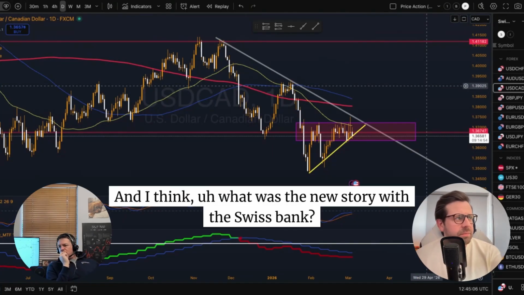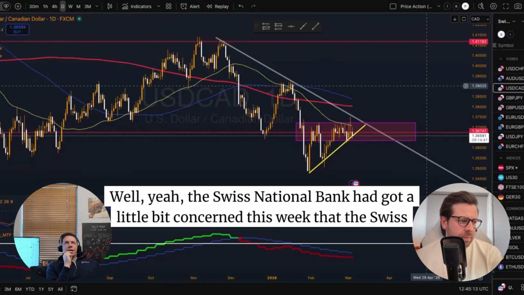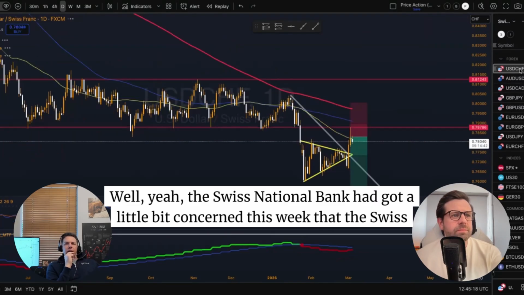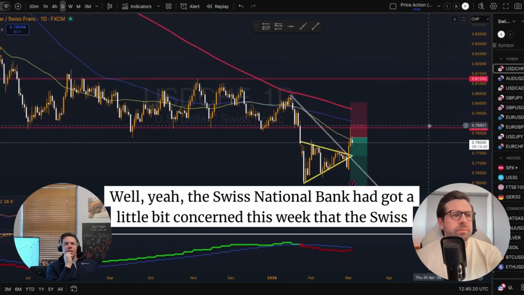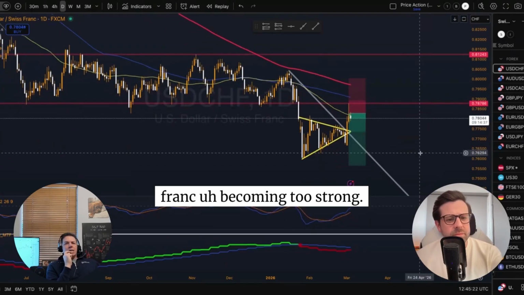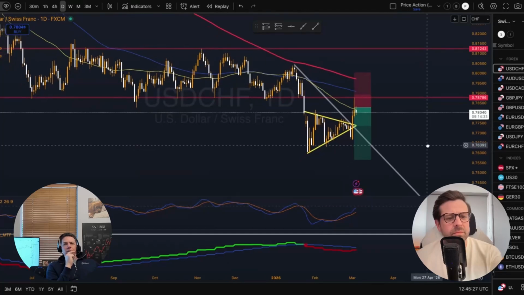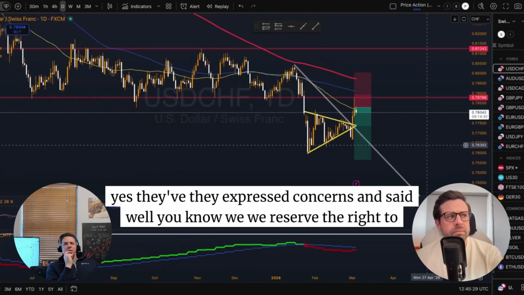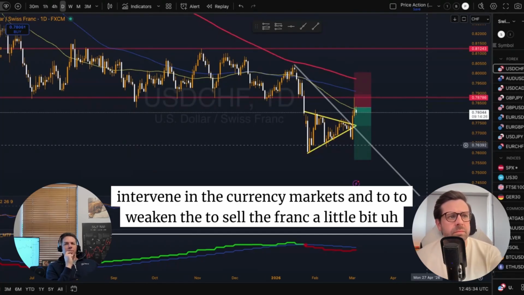And I think what was the news story with the Swiss bank? Well, the Swiss National Bank had got a little bit concerned this week that the Swiss franc is becoming too strong, and so they expressed concerns and said, well, we reserve the right to intervene in the currency markets and to weaken, to sell the franc a little bit.